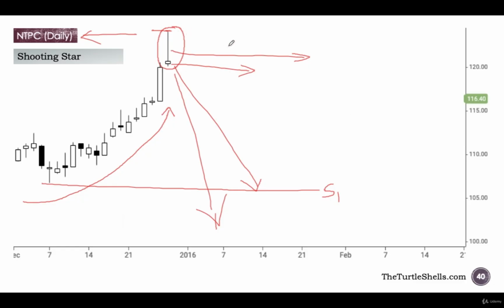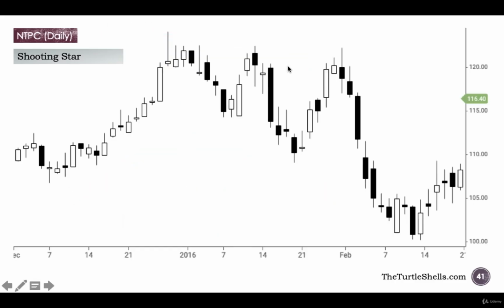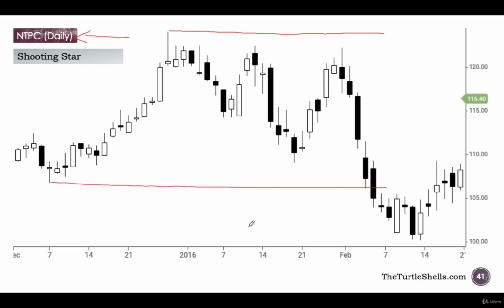Although it's a low probability, risky trade, it's an aggressive trade because it is not confirming any prior resistance. So in this case, the resistance has held on a daily chart, and of course the target was achieved, but it took quite a lot of time for that target to be achieved.